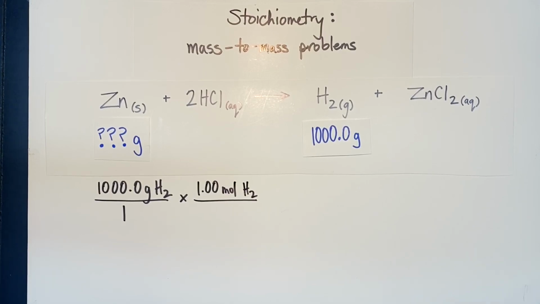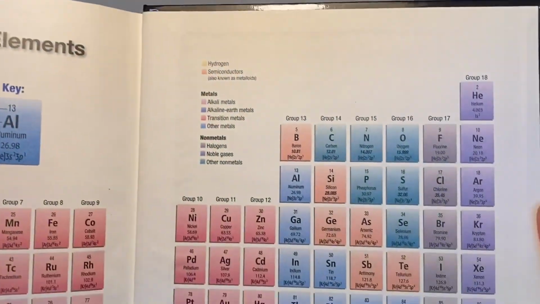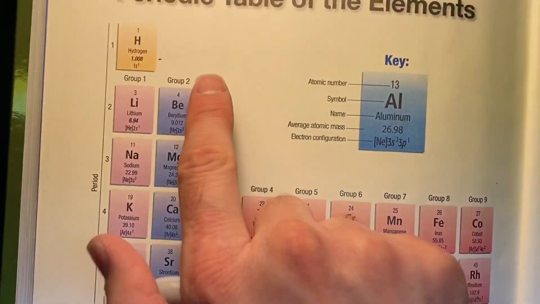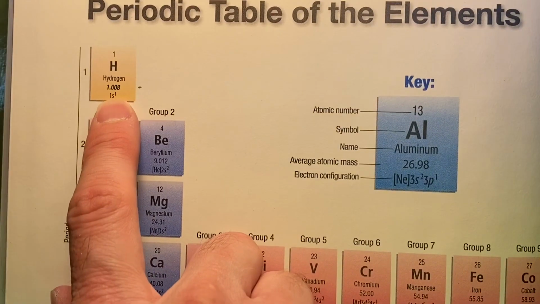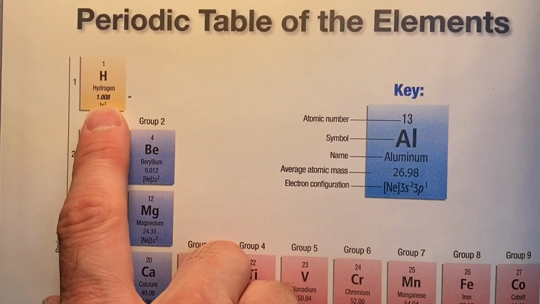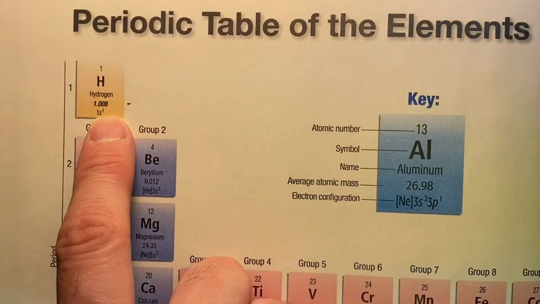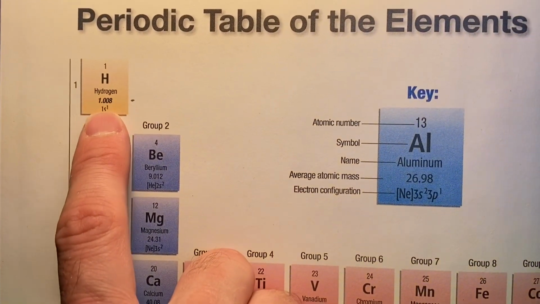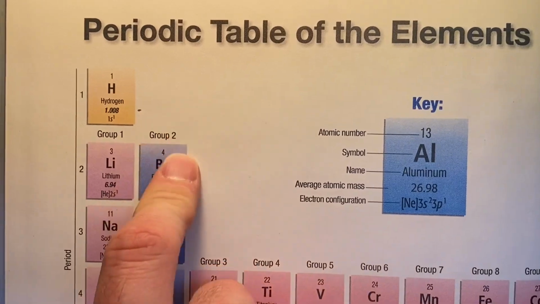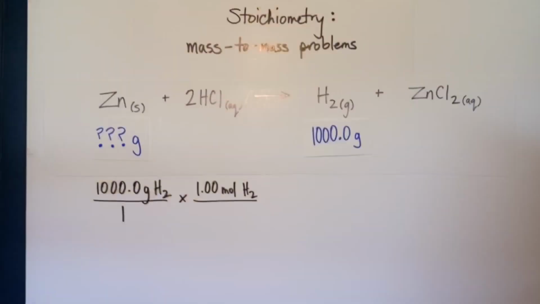Now, we did molar masses while we were still in school, and remember, molar mass is just the atomic mass written on the periodic table, the average atomic mass in grams. So for hydrogen, it's 1.008, and then we just write grams at the end.